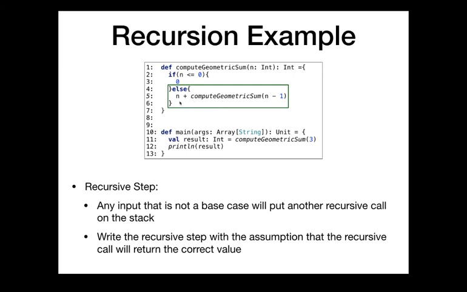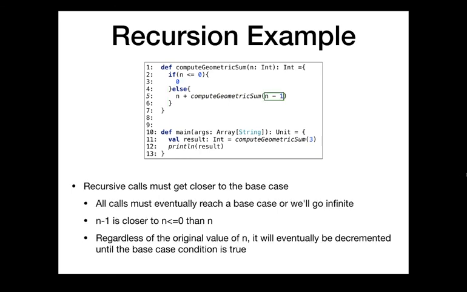So I'm just going to add n to the geometric sum of n minus 1, and if my assumption is correct, that my recursive call does return the correct value, then I am going to correctly return the geometric sum of n. So it's a big if, one of the big things we want to talk about, but that's how we're going to design the recursive step. We're just going to assume that the recursive call is correct.